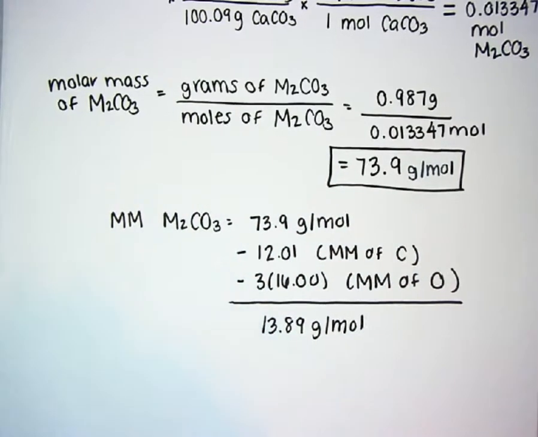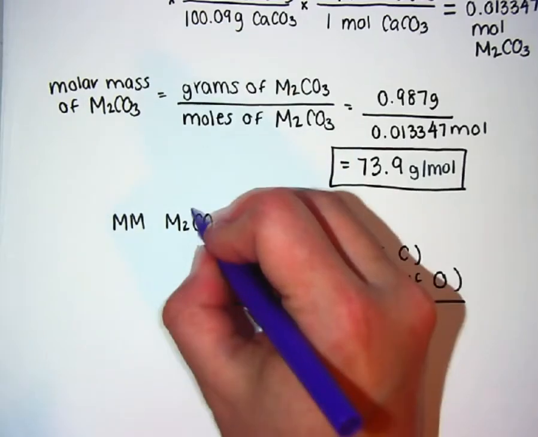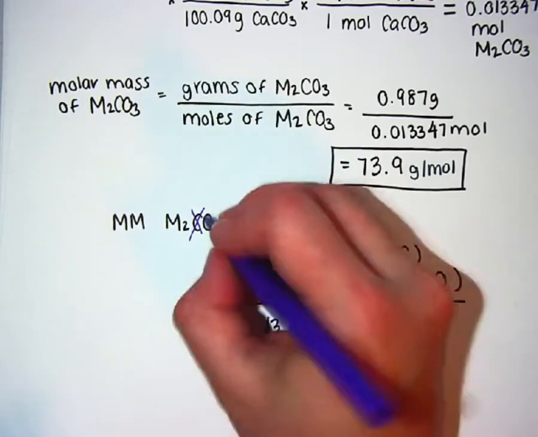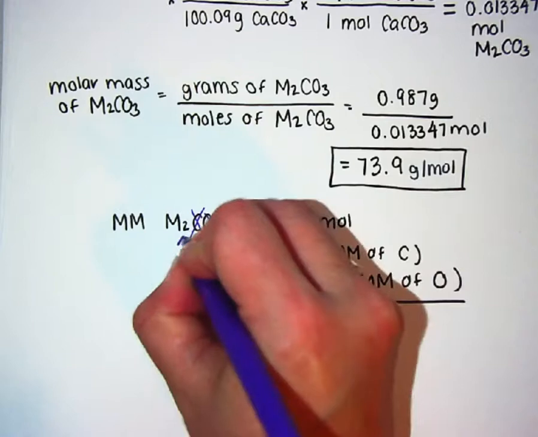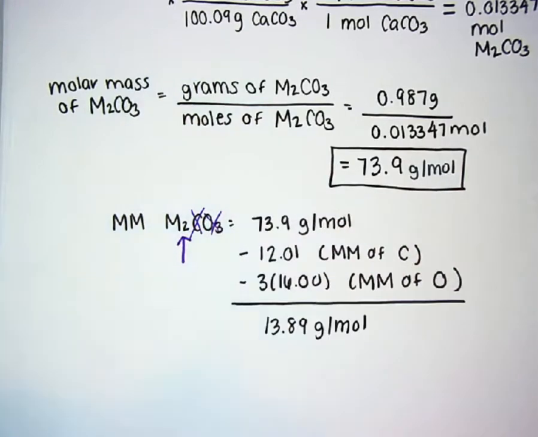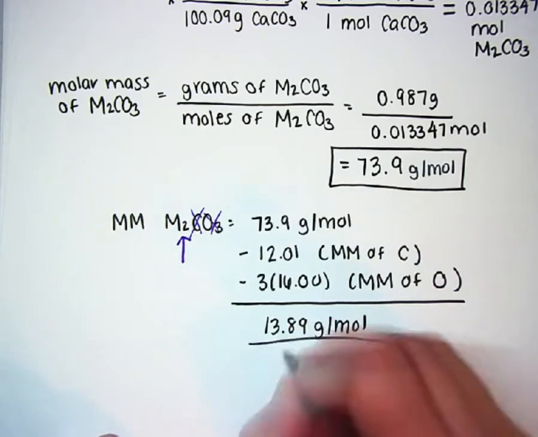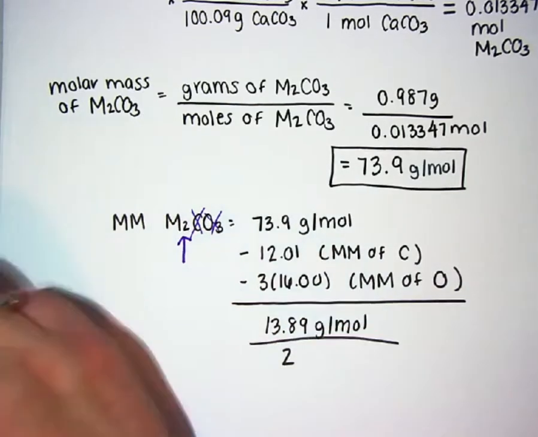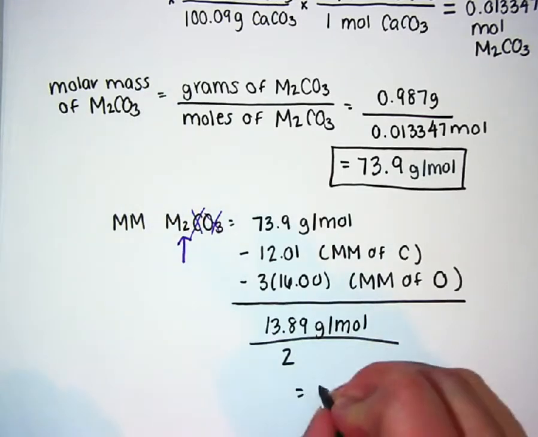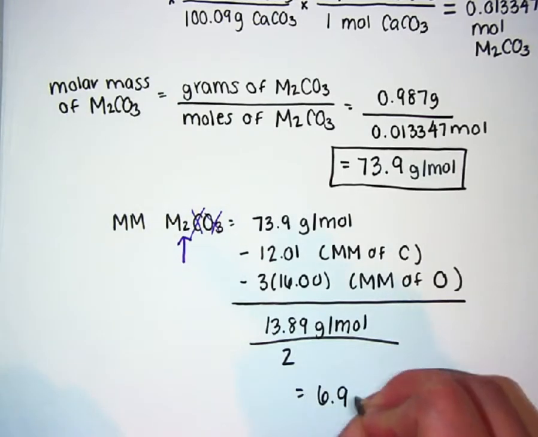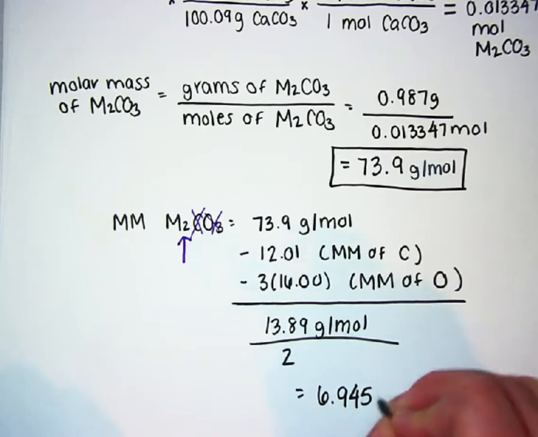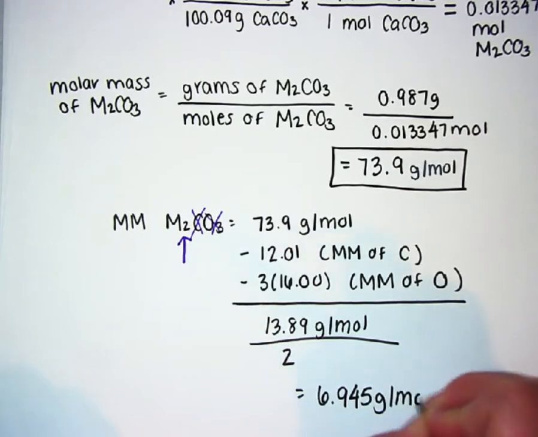But here's where we need to be careful. We subtracted out carbon, we subtracted out 3 times oxygen. Don't forget in our formula there are 2 metals. So we could take this answer and divide it by 2, and I get 6.945 grams per mole.